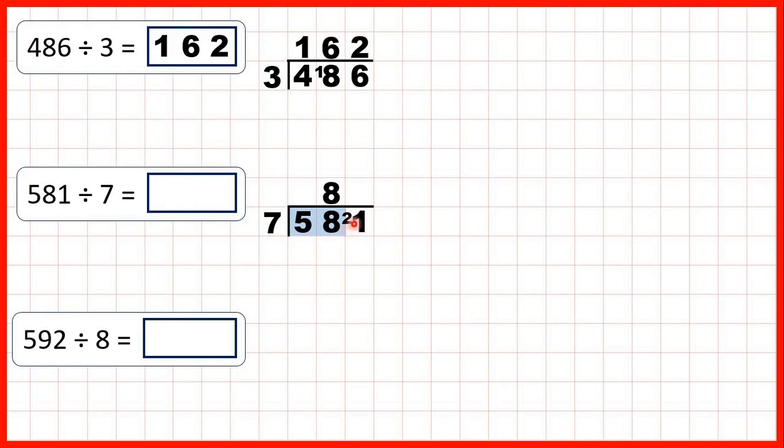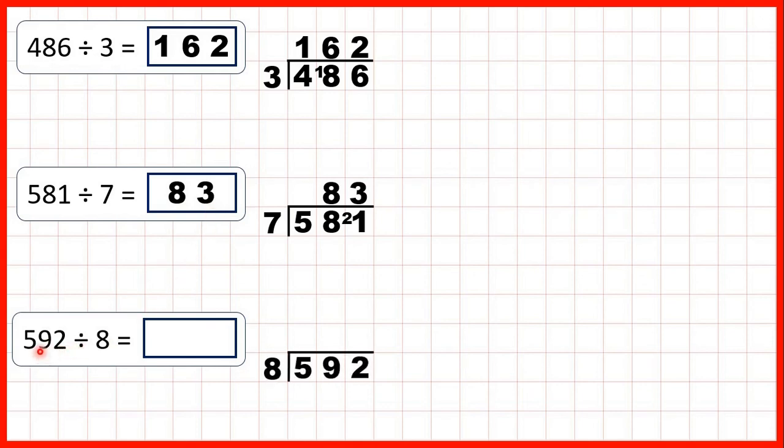And as always, we write the remainder in front of the next digit that we're going to divide. So now we have 21 divided by 7. 21 is in the 7 times table, and because that's 3 times 7, we write 3 in our answer line. So our answer is 83.